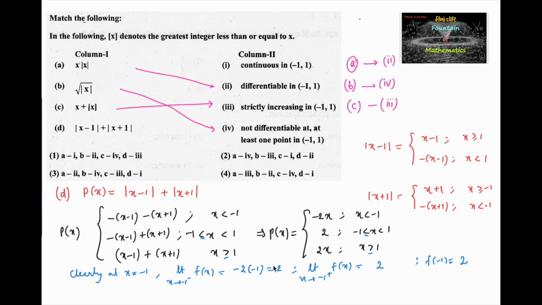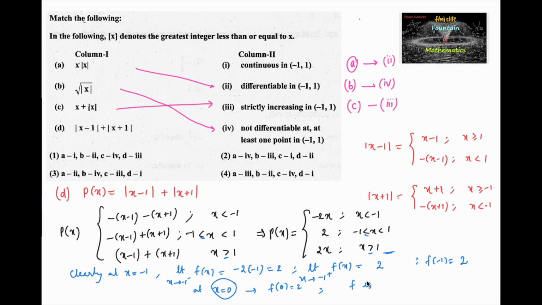So we can say this function is continuous at x equal to minus 1, and even at x equal to 0, the function is continuous. F of 0 is equal to 2, and even at x equal to plus 1 also, we are getting that the function is continuous.